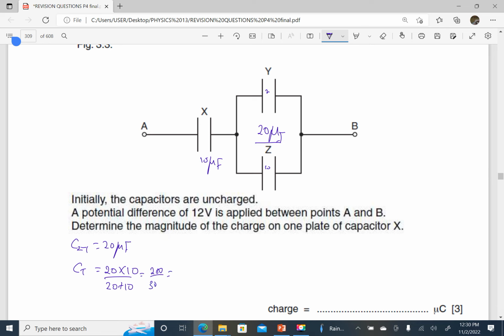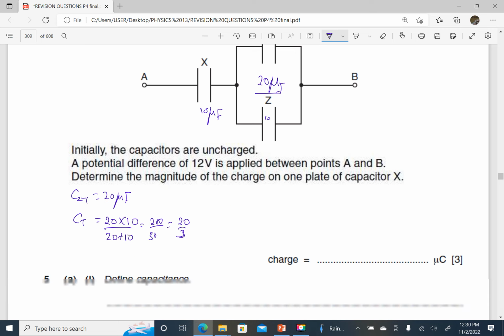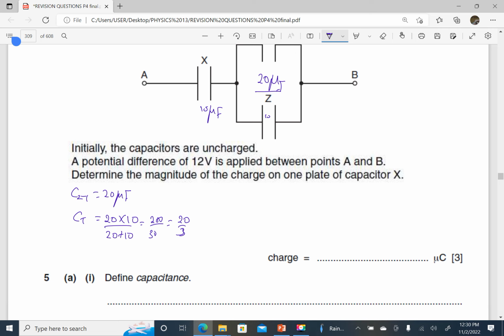I'll just write this as 20 over 3 as total capacitance. So all the charge appears on the plate of X because it is in series with the battery.